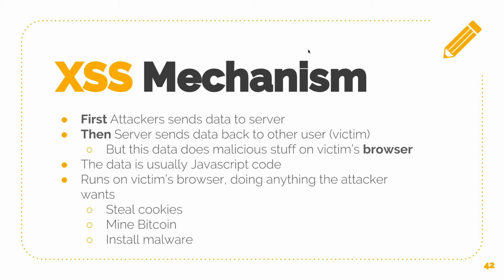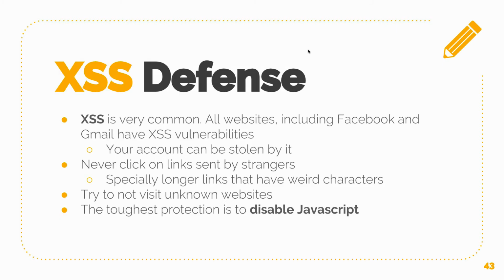This data is usually in JavaScript code. It runs on your browser and does the things that the attacker wants. It can steal your cookies, which are pretty much the same as your username and password. It can mine Bitcoin, it can install malware, and it can abuse your computer in a large capacity.